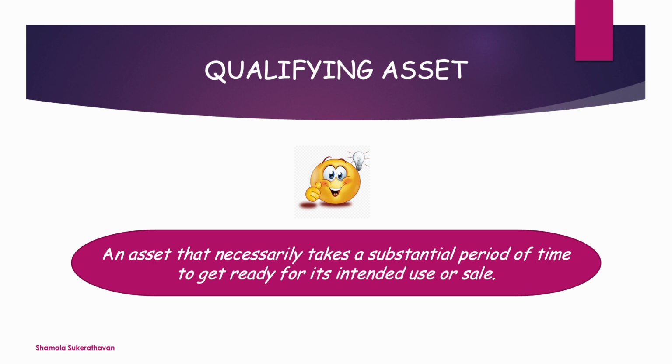However, an asset that normally takes more than a year to be ready for use or sale would usually be a qualifying asset. It is important to note that IAS 23 does not restrict qualifying assets to only items of property, plant, or equipment. Therefore, qualifying assets may also include inventories, bearer plants, and intangible assets.